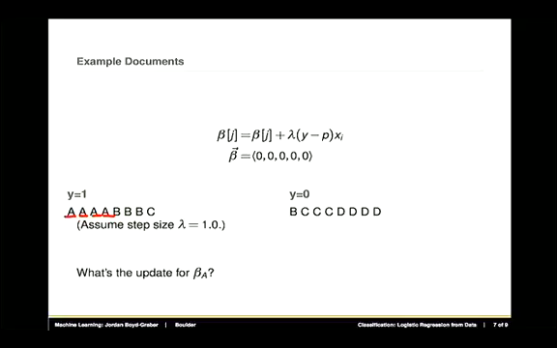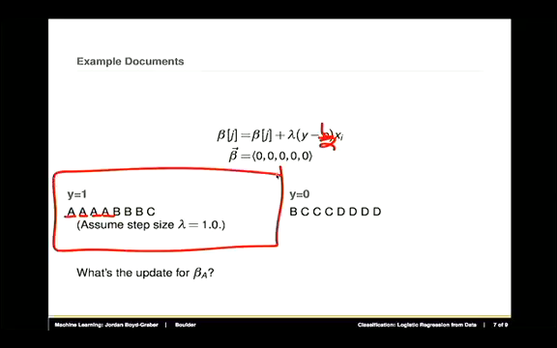Okay, so let's reconvene. So what is P? 1/2. It hasn't changed. It's still this document on the left here. So 1 minus 1/2 is still 1/2. The learning rate is still 1.